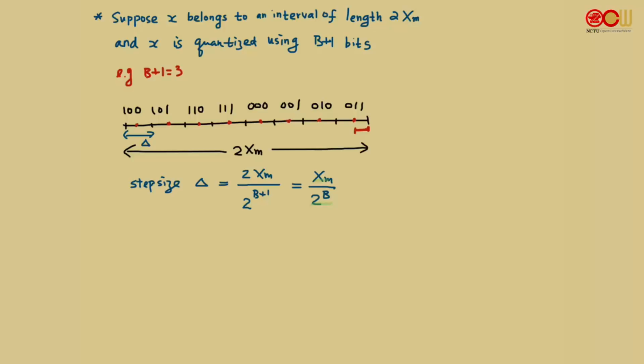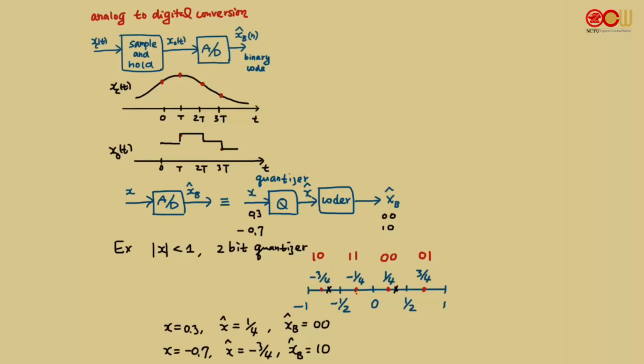Now let's see how we can analyze the difference between x and x hat. That is called quantization error. Quantization error is defined as the difference between x hat and x. In this example here, the quantization error would be x hat minus x, which is 1/4 minus 0.3.